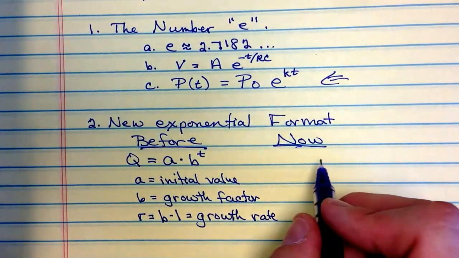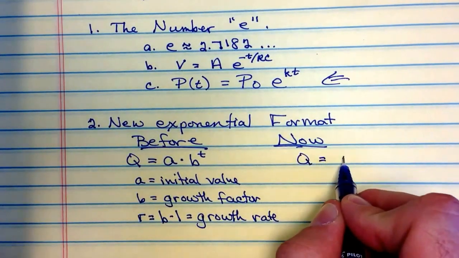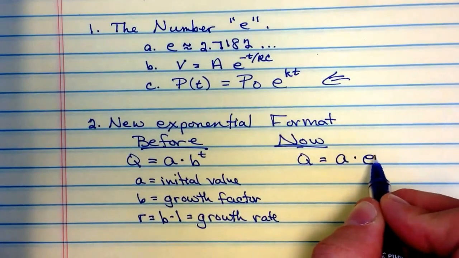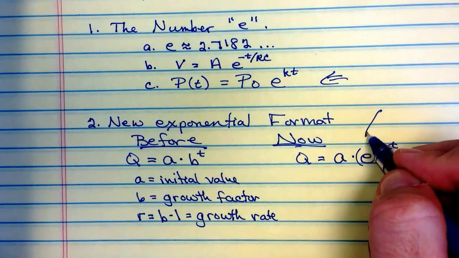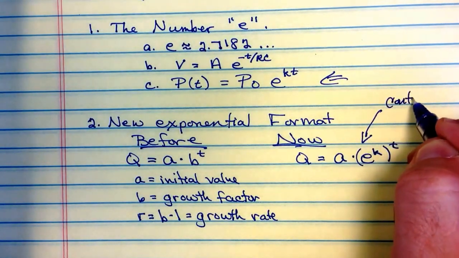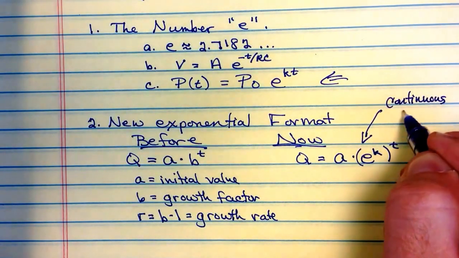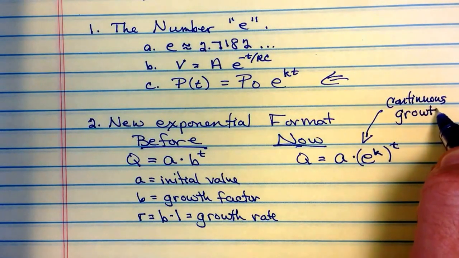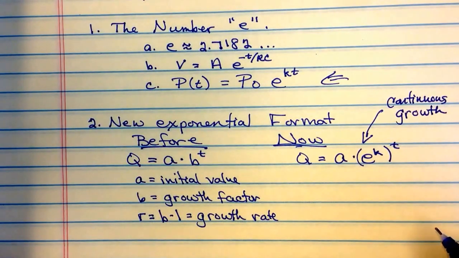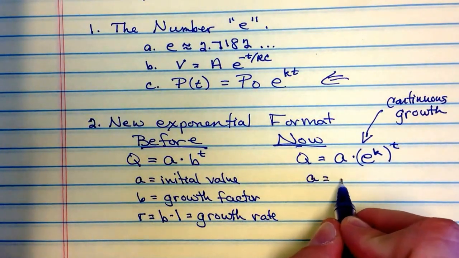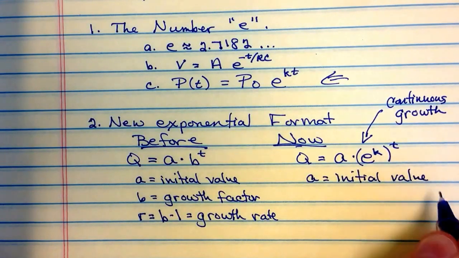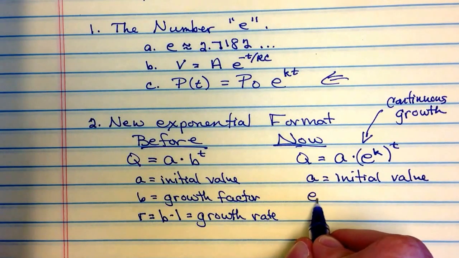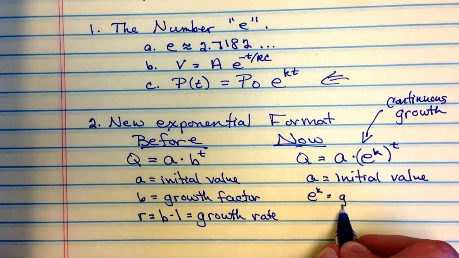Okay, well now we have something a little different. Now we're going to have Q equals A times e to the k to the t. And this is going to be for continuous growth. If that's for continuous growth, we'll still have A as the initial value. e to the k will be the growth factor.